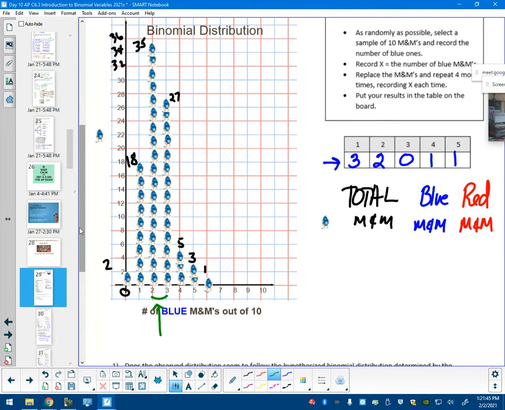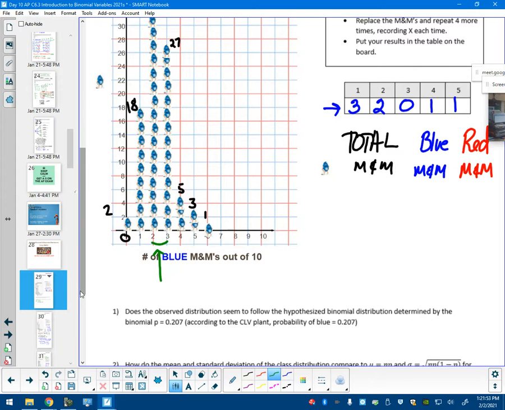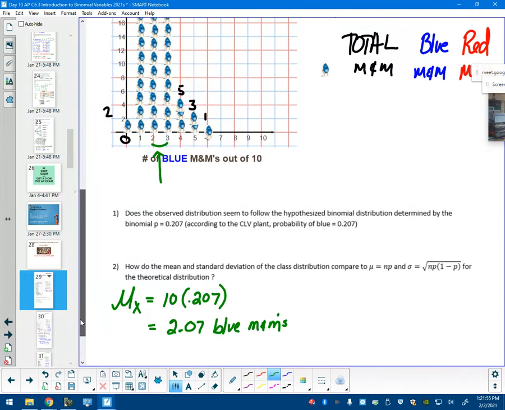We'll actually calculate that out in a moment, but usually statisticians don't know. But we'll play God here in a moment. And the formula for the standard deviation is the square root of 10 times 0.207 times 1 minus 0.207, which would give me 0.793.